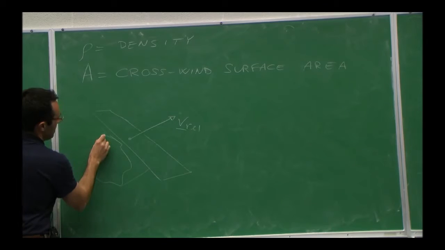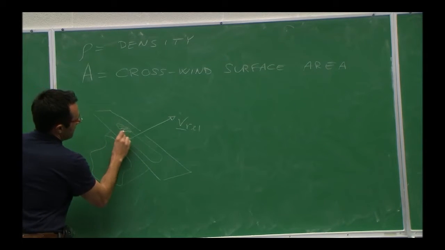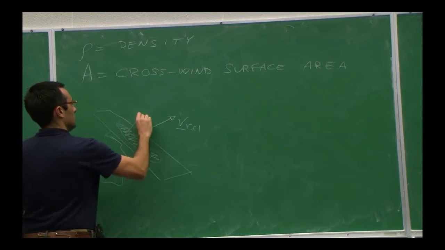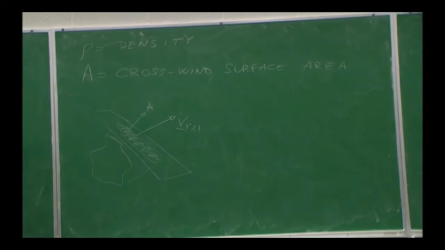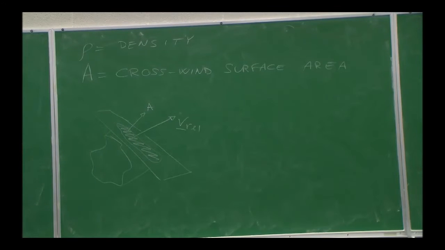You project this on that plane, and this is A. Okay? Make sense? This is your A. Projecting the entire body, the shape of the spacecraft on that plane.